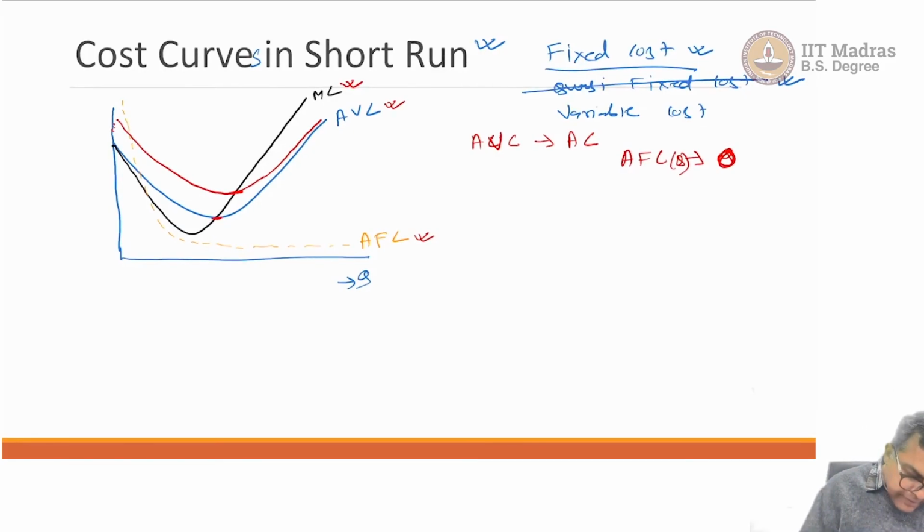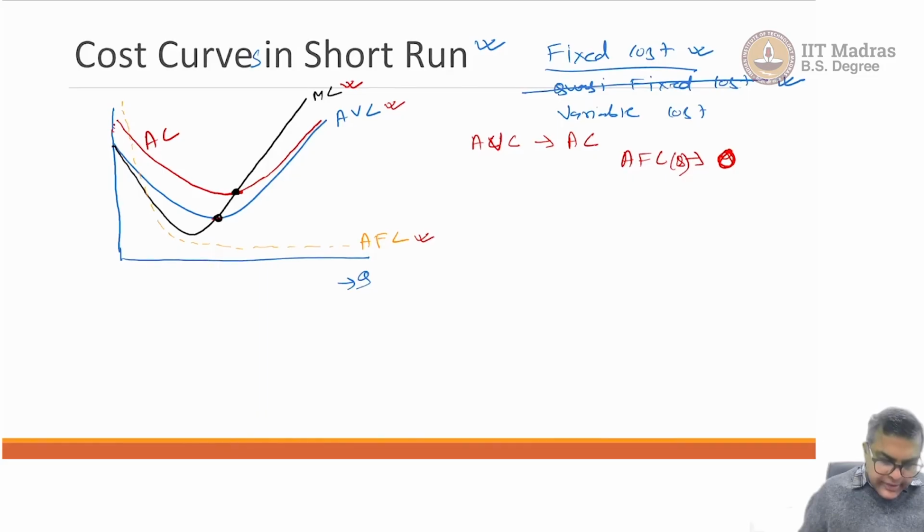In red color we have average cost. So we can say that this point as well as this point is the minimum of the average cost curve as well as the average variable cost curve. So these are the cost curves in the short run that we are talking about. That should be clear to you.